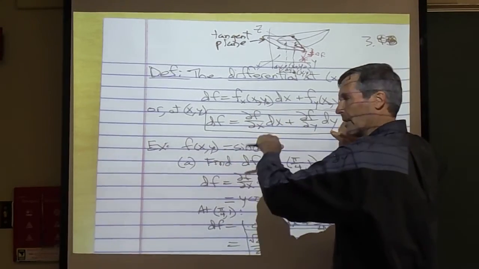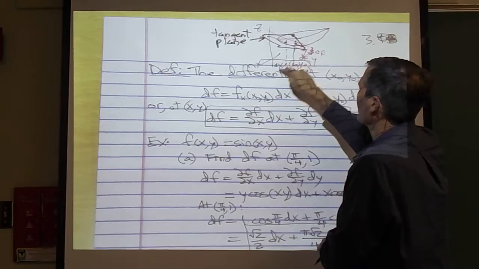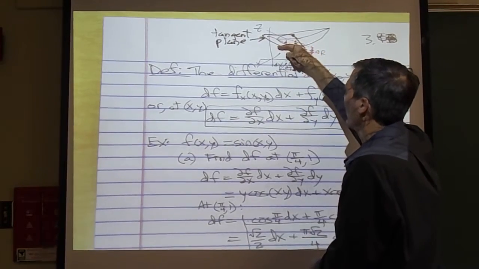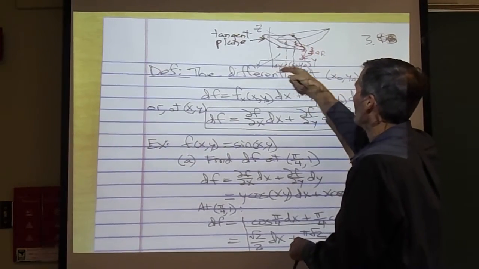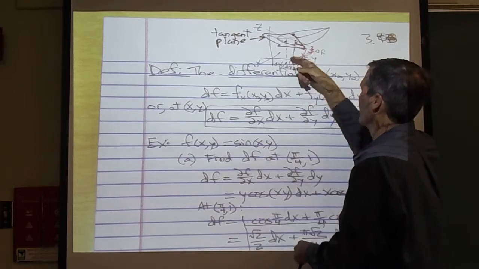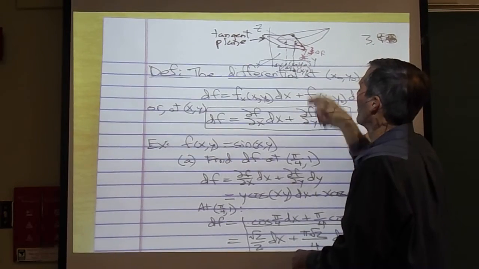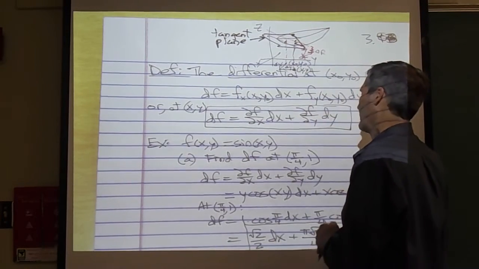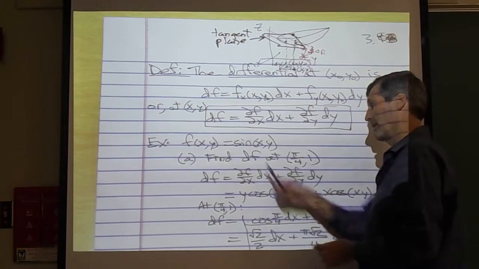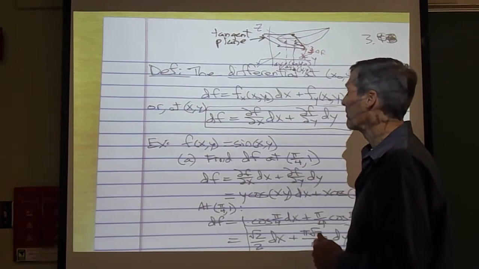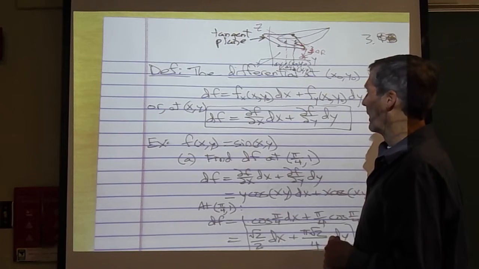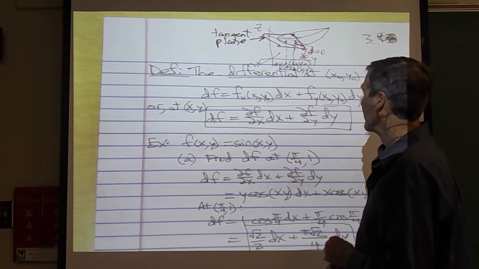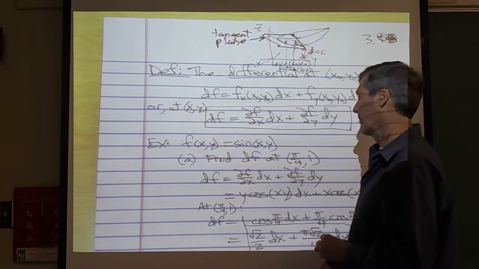As you move that first increment in the picture, it's the rise or fall in this direction. And then as you move in this direction, the run times the slope gives you the rise as you move in the y direction. Sum those two and you get the estimated change in the function, df. Alright, it is an estimated value of the change in the function.